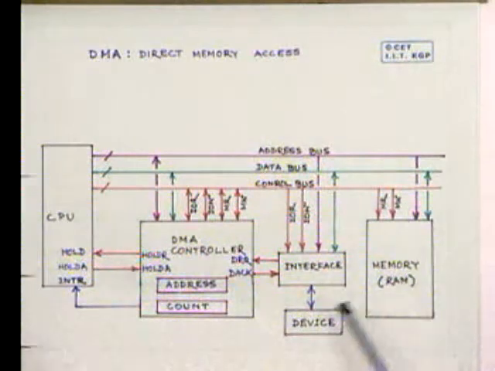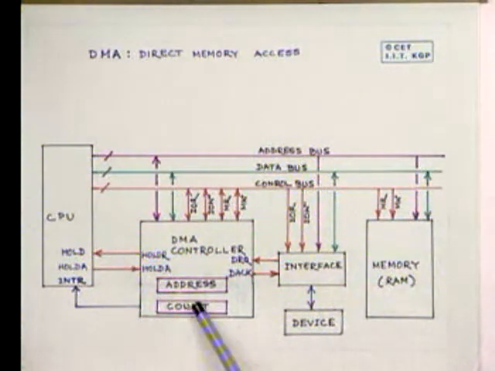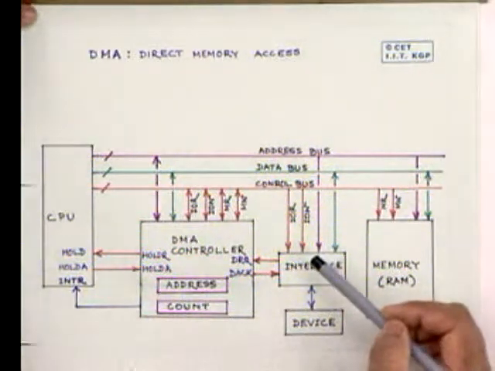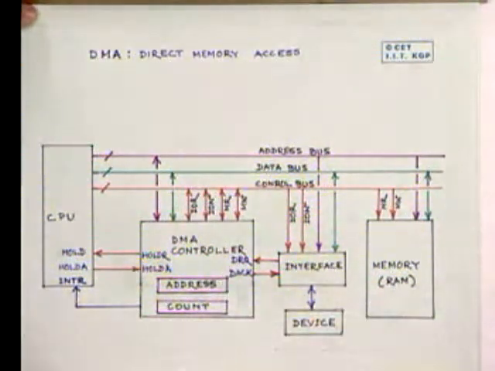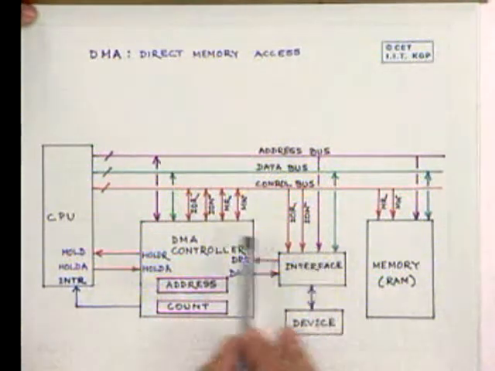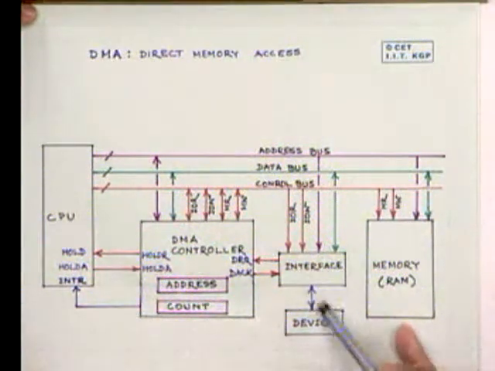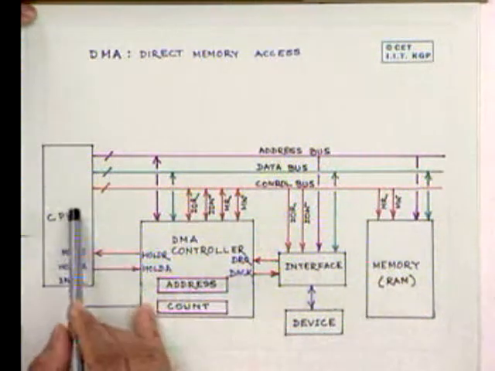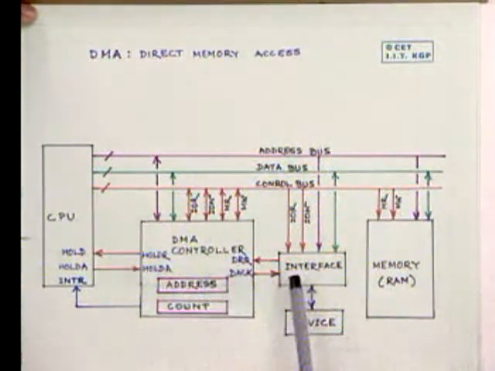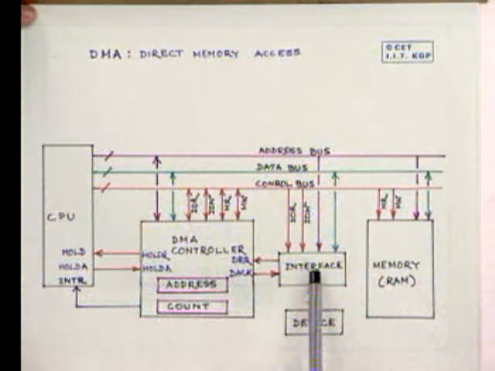So it may be half K, 1 meg, whatever it is. After doing that, the CPU tells the interface, or it can tell the DMA, that the device can start working, and the DMA tells the interface that the device can start working.